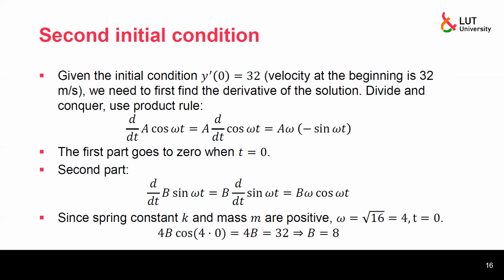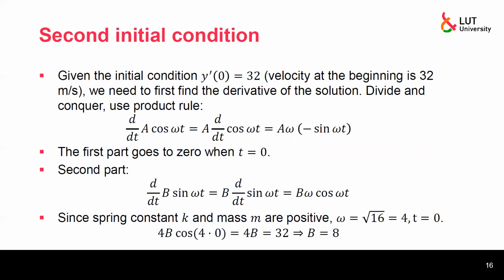Spring constant and mass are positive, so that's why we need to only consider the positive part of omega, and omega, by what it stands for physically here, must be positive. It's the angular speed.